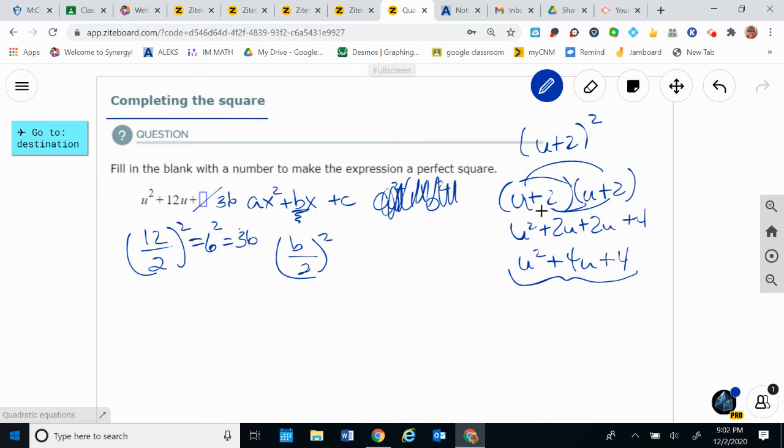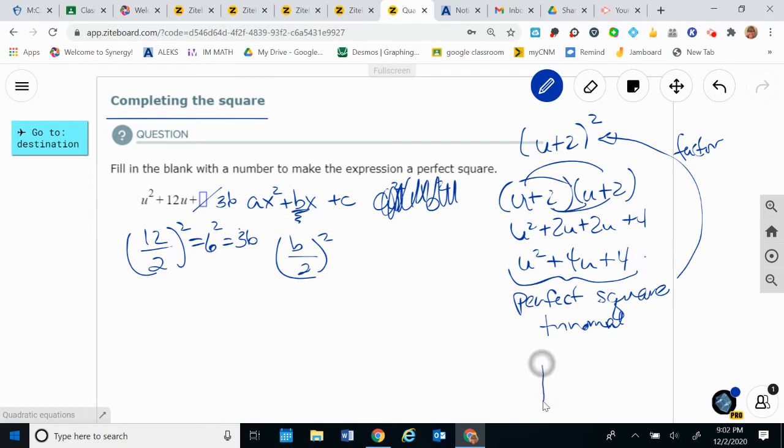So what we are doing is creating a perfect square trinomial so we can do this cool trick. We can factor it back to that. Later on, that's going to prove super useful.